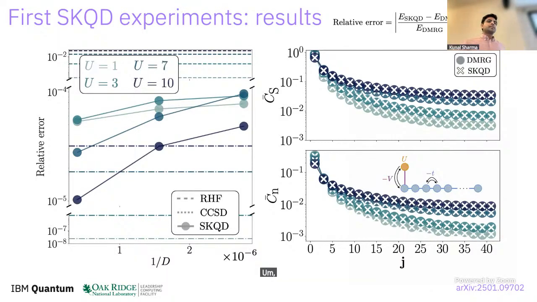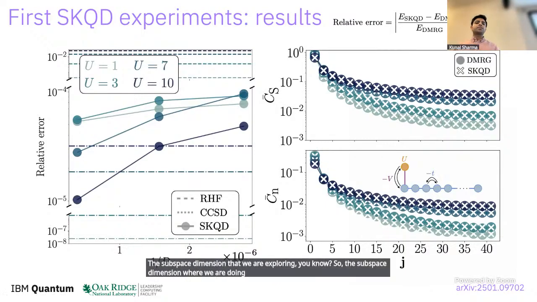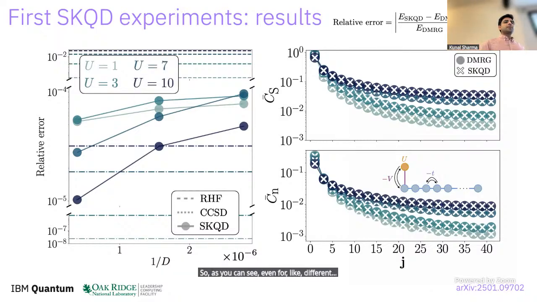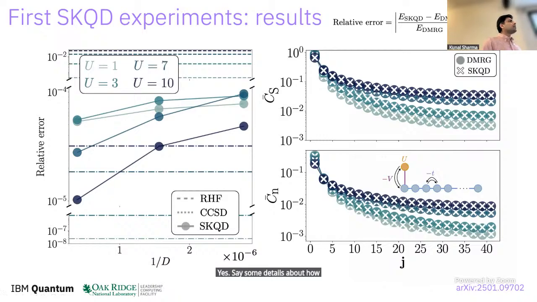On the x-axis, we have the subspace dimension where we are doing the diagonalization on an HPC. As you can see, even for different U values or different system parameters in the Hamiltonian and different subspace dimensions, we are getting quite good relative error to DMRG.